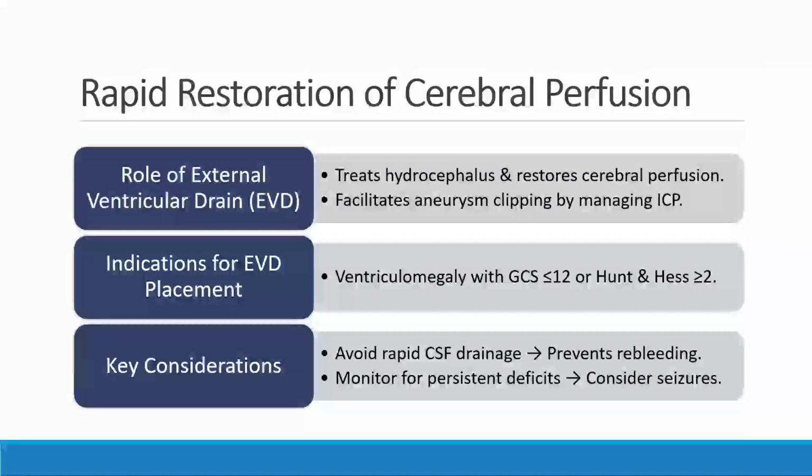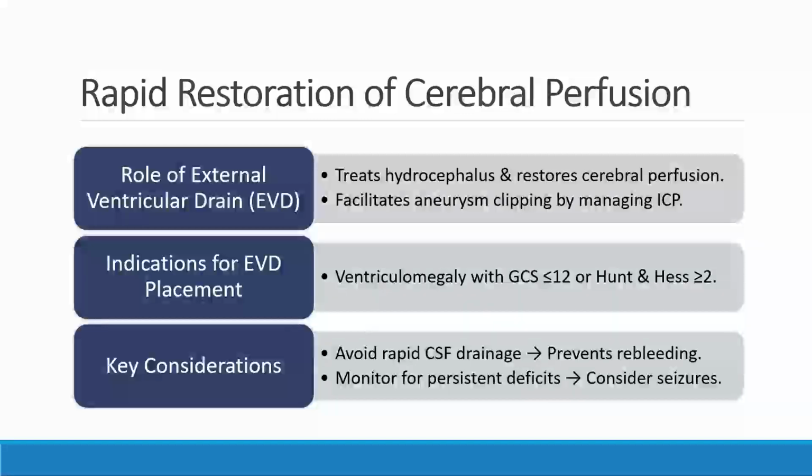Rapid restoration of cerebral perfusion. There's a role of the external ventricular drain, which is usually called EVD. It is used to treat hydrocephalus and restore cerebral perfusion. It facilitates aneurysm clipping by managing ICP.